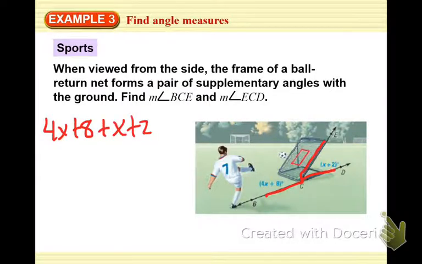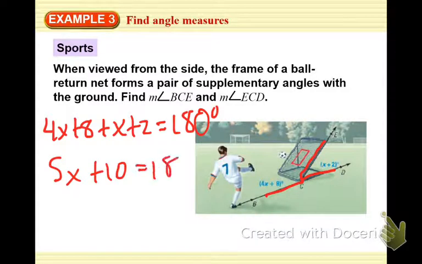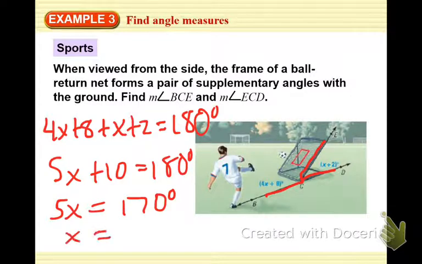Their total is equal to, supplementary is 180. It's an algebraic problem we have to solve. So we combine like terms. That's 5x plus 10 equals 180. So 5x equals 170. Solve for x.